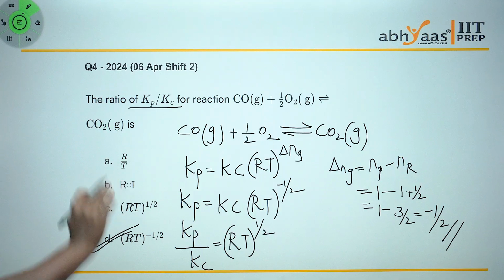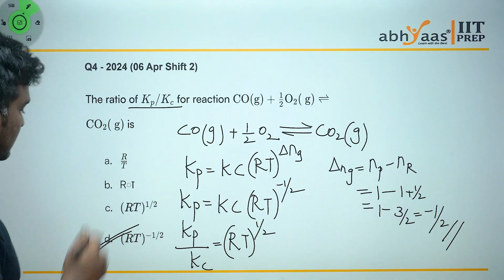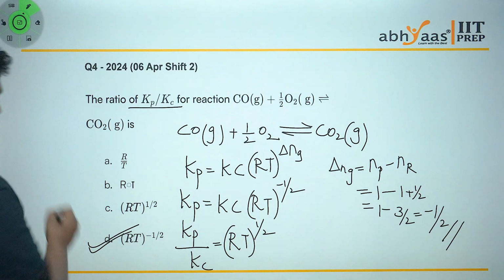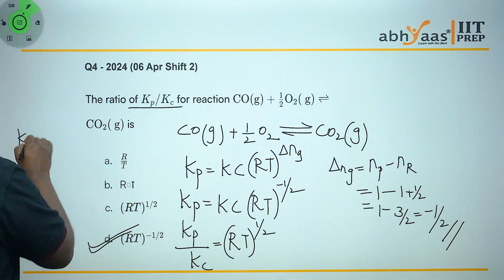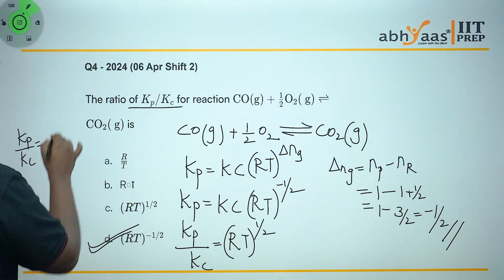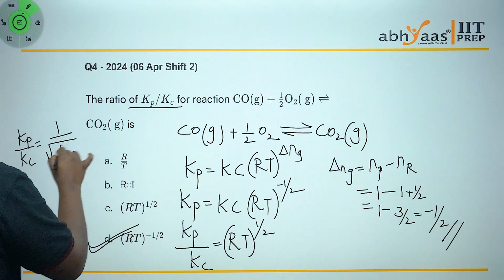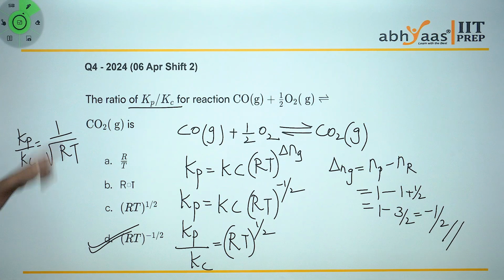For the same question, the options can be a bit different. Sometimes it will be written as Kp by Kc is equal to 1 by root RT. Is it right? Yes, root denotes 1 by 2.